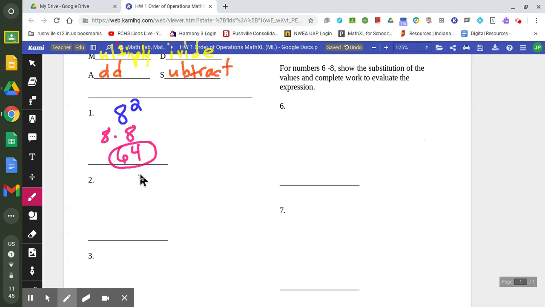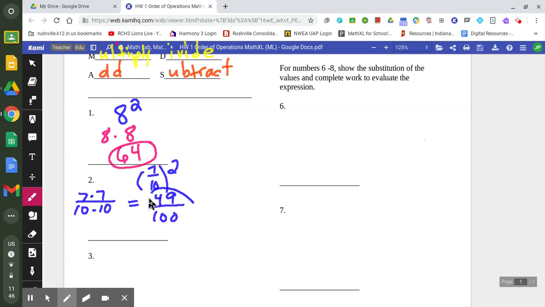So let's say we have 7 over 10 squared. What this means is 7 times 7 over 10 times 10. So 7 times 7 is 49. 10 times 10 is 100.